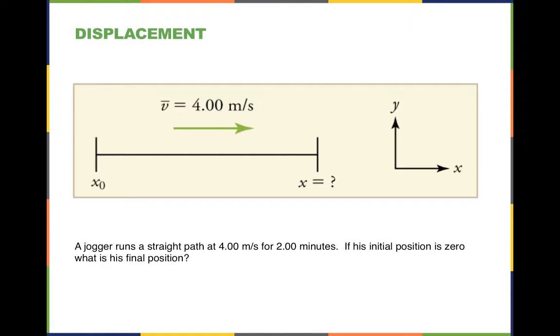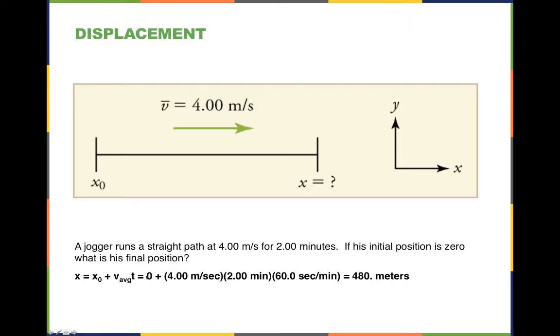So let's take a look at an example. You start out with a jogger who runs a straight path at 4 meters per second for 2 minutes. If the initial position is 0, what is the final position? So this is xf. Okay, the final position is xf. So we have xf, or just x, is x0 plus the average velocity times the time.